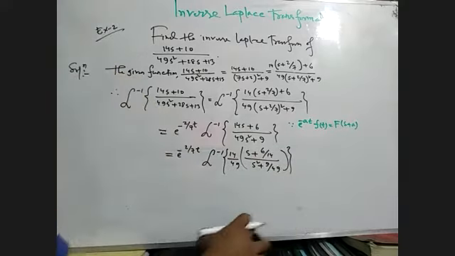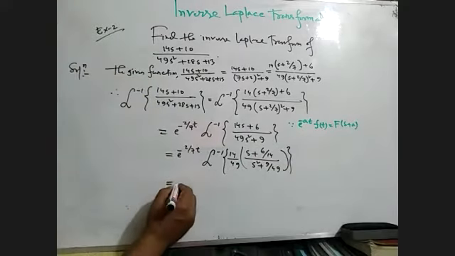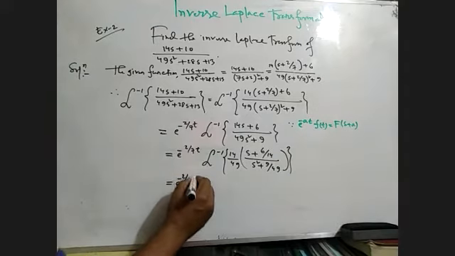Okay, this equals e to the power minus 2 by 7t.